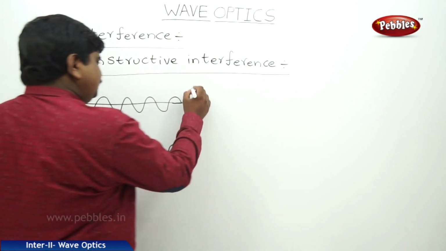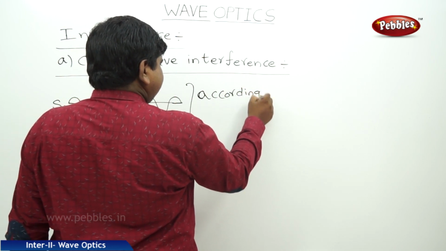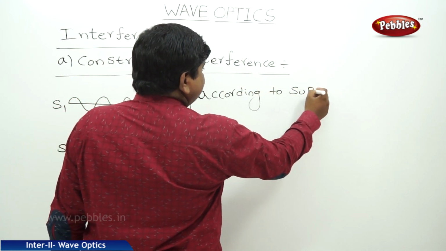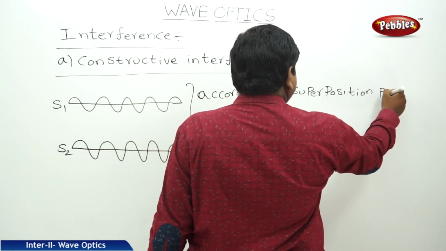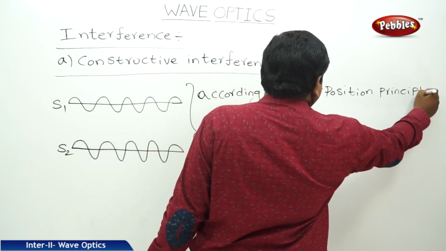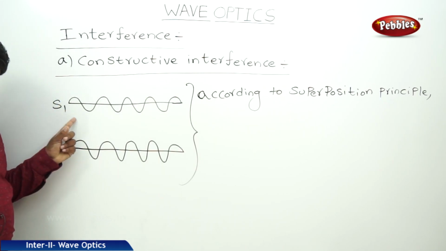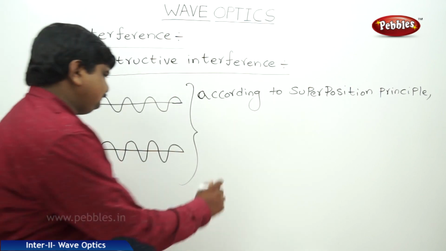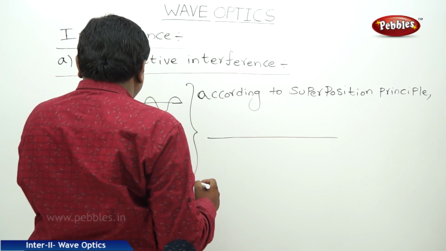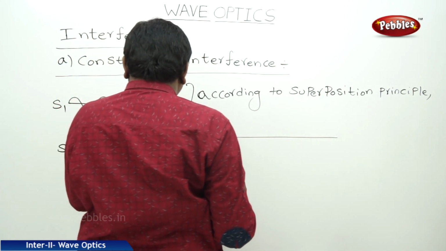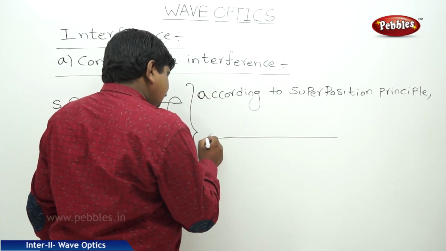So, according to the superposition principle, the resultant wave is of double the amplitude and in the same direction. Its amplitude will be doubled.